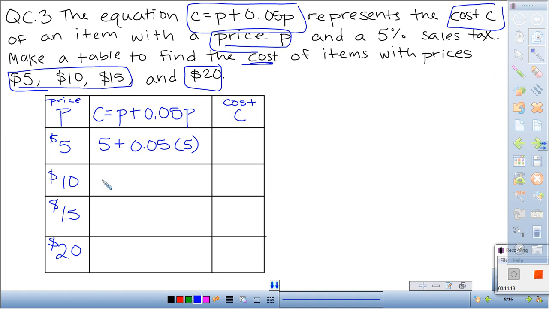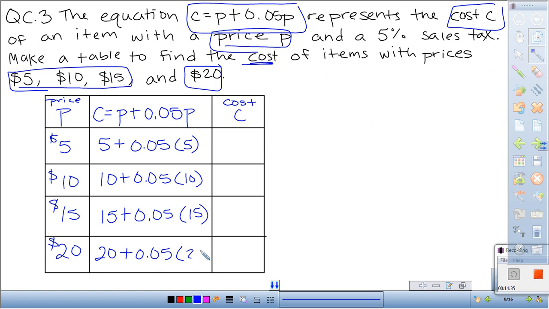And then when price is $10, I have 10 plus 0.05 times 10. When price is $15, 15 plus 0.05 times 15. And finally, when our price is $20, 20 plus 0.05 times 20.